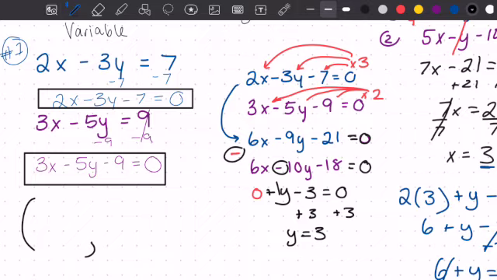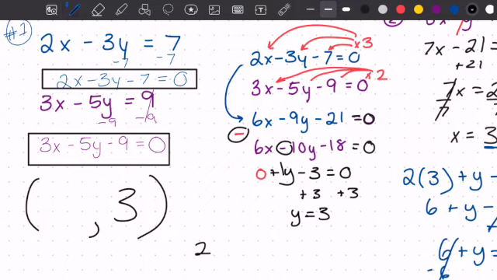So then in my point here, I just need to substitute back in to solve for my x variable. Okay, so do we want to do equation 1 or equation 2? You pick, let me know. 1? Okay, so in equation 1, I have 2x minus 3y equals 7. It doesn't really matter if we use the original or the standard form. I'm going to replace my y with 3.